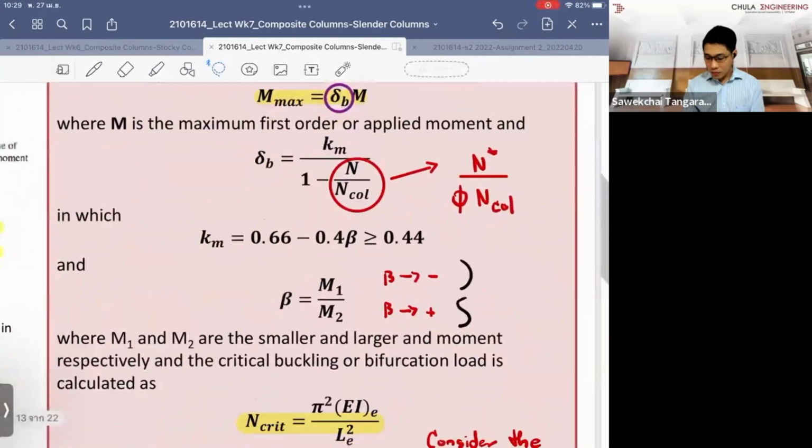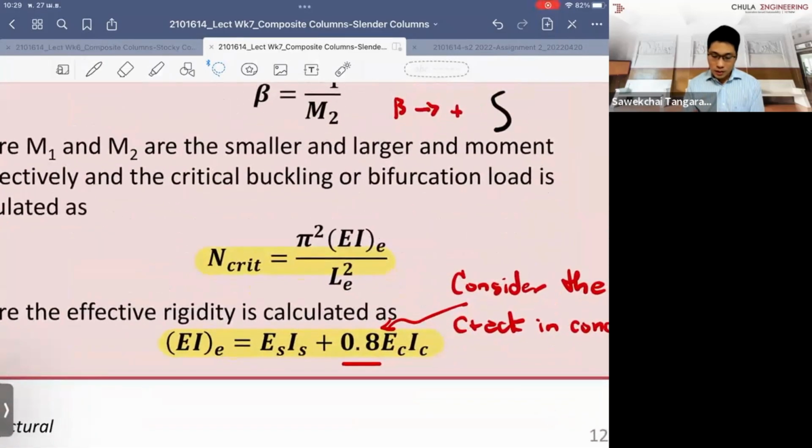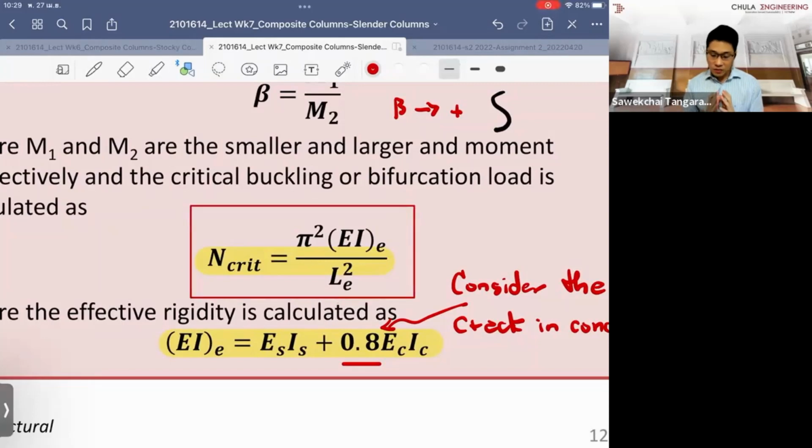So when we come to our case, when we want to consider the elastic buckling load of the columns, there are a couple of concepts that you can take. One of these is that you can combine the stiffness coming from the steel and the stiffness coming from the concrete, and you might just reduce the stiffness of the concrete by a certain percentage. If you take 0.6, of course, it will become quite conservative, but we do not recommend it.